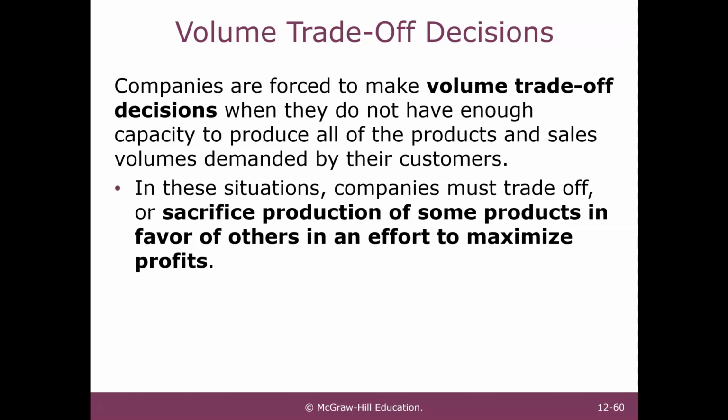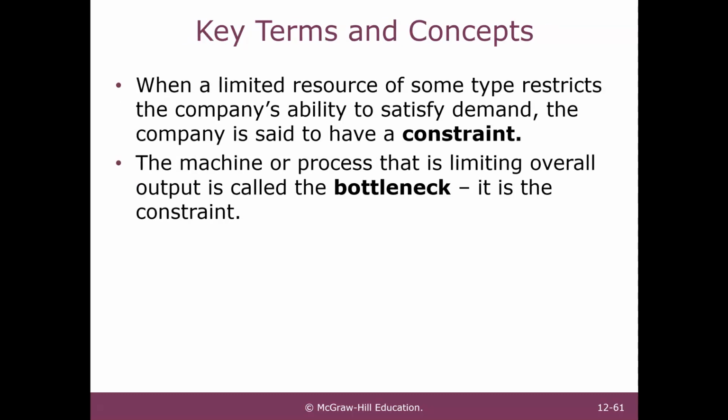So if you have two products and you can only make so many of each, and you know what the demand is, how do you make that choice as to which ones to make and how many to make? The goal is to maximize profit. So we need to find a way to figure out what is the perfect combination between product A and product B that will maximize our profit.